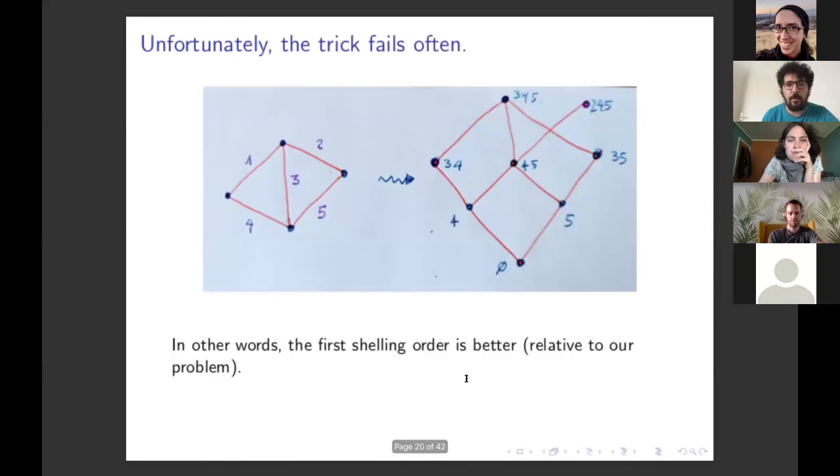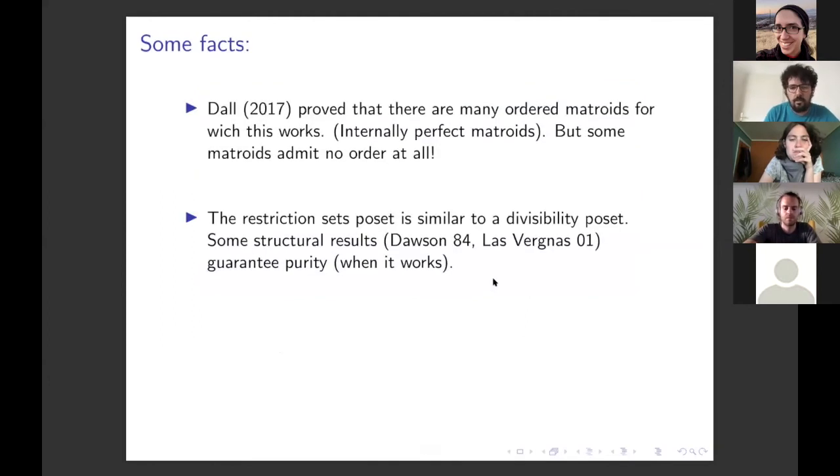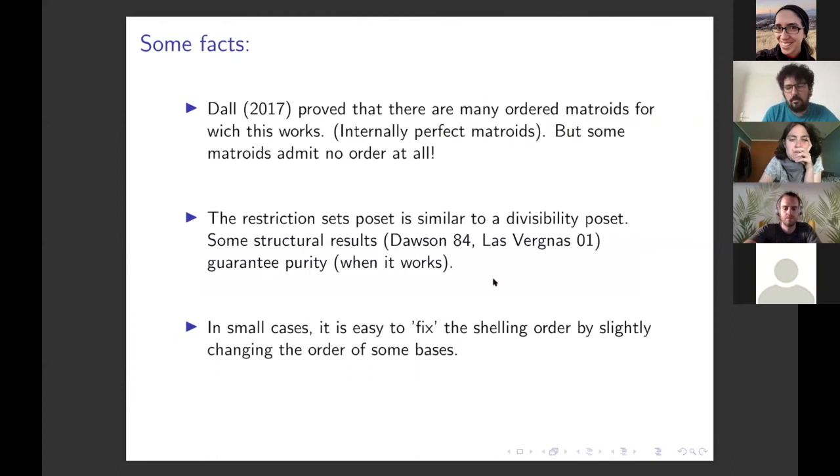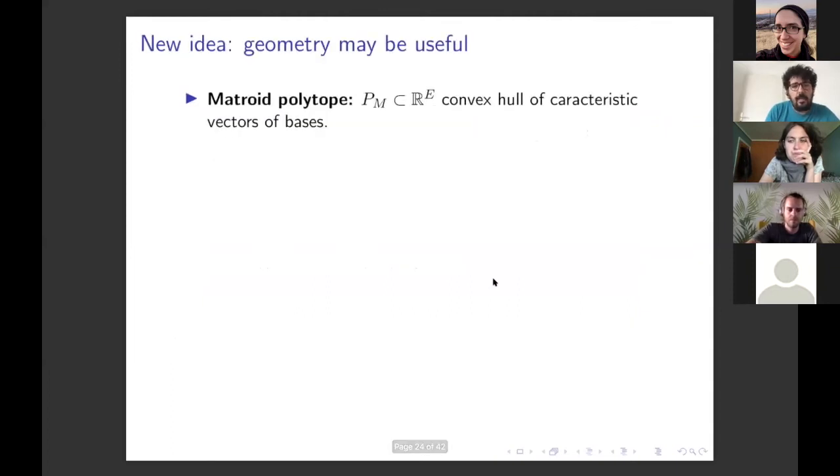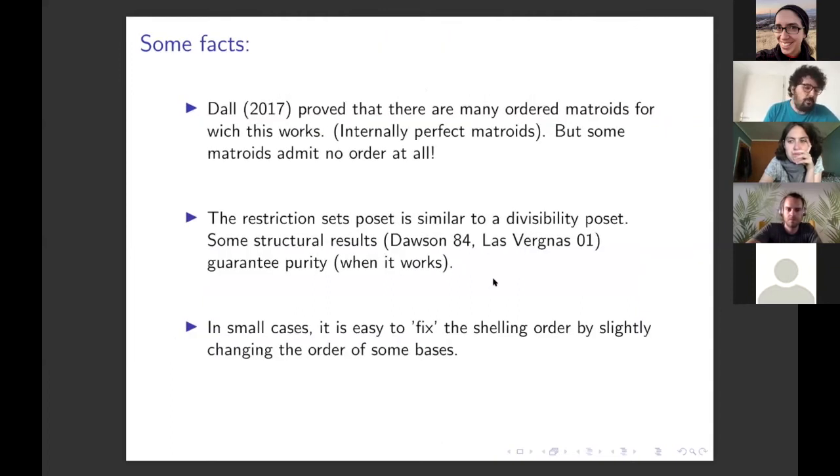So if I look at my poset here, I could decide to change a few of the relations in the poset, and I could try to construct the shellability, the multicomplex. And so what I want to do is propose a theorem in order to attack this.